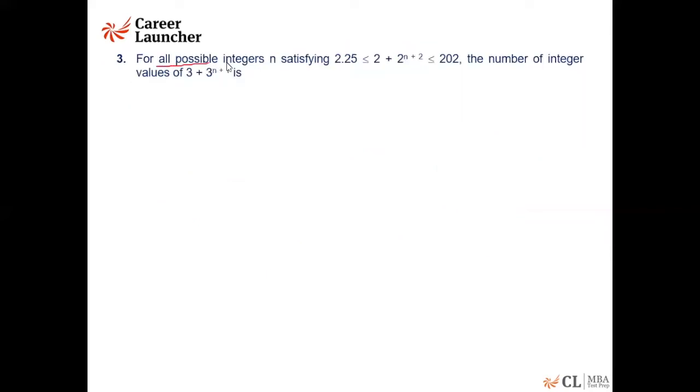For all possible integers n satisfying this condition, we need the number of integer values. For this, we know that the value of n can start from -1 onwards. Now, what are the values that will satisfy this other condition?